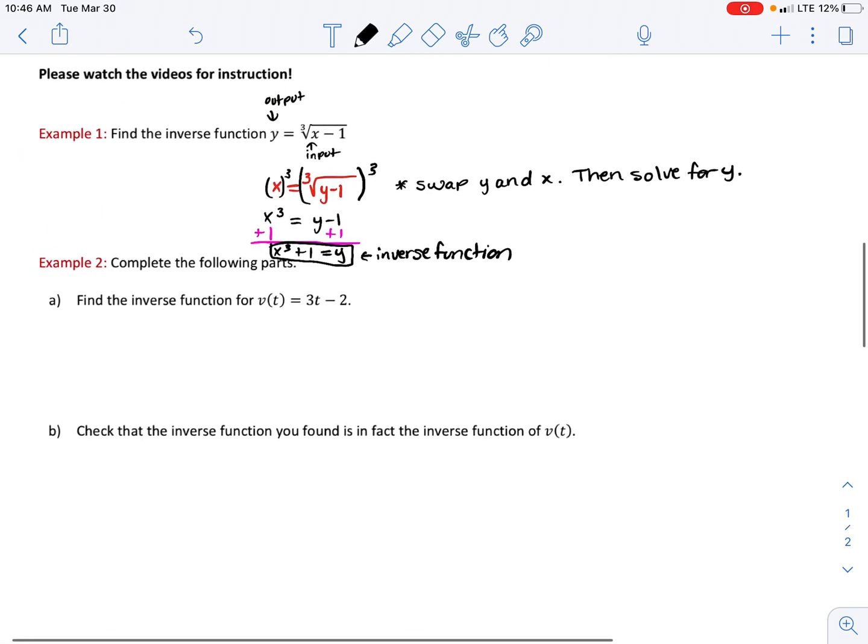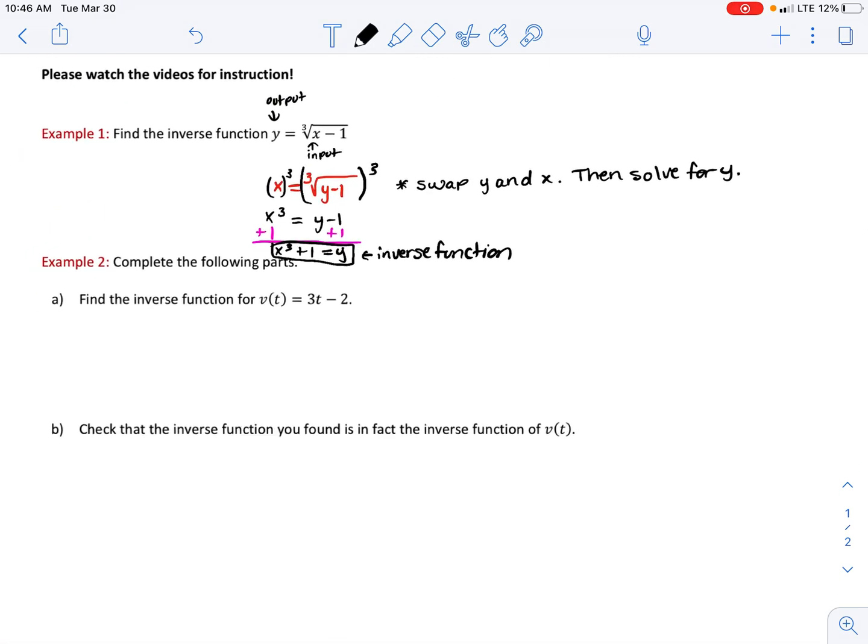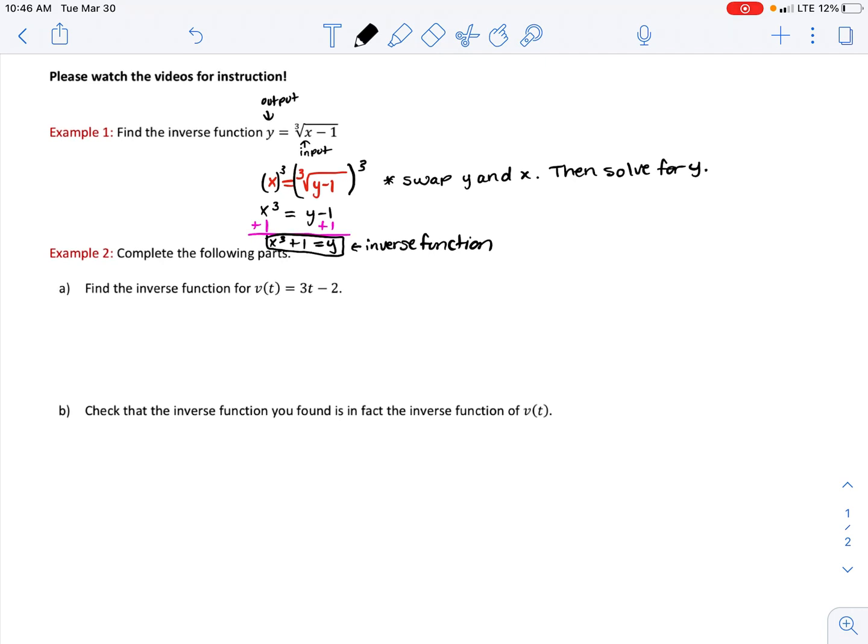Now you might have done this a little bit before with your other teacher from what I've seen in the notes, but now we're going to get a little bit more sophisticated. What if I don't have y equals and then something in terms of x? What if I have a different function here, like v of t? So here I have my function v of t is equal to 3t minus 2.